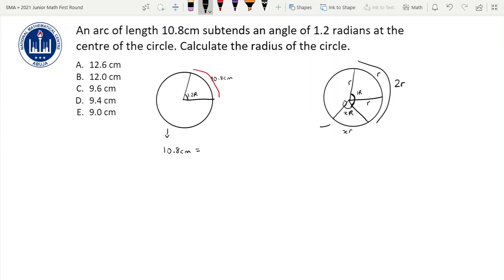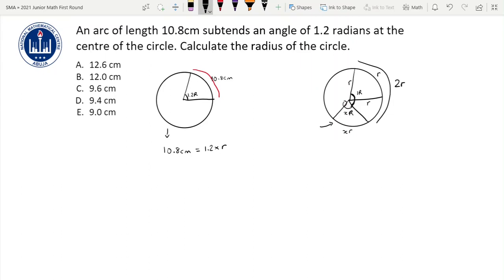If you remember from what we discussed, if the measure of an angle from the center of a circle is x radians, then the length of the arc that it subtends is going to be xr. So 10.8 centimeters is going to be equal to, since we have 1.2 radians here, 1.2 times the radius of this circle, and that's what we're asked to find.